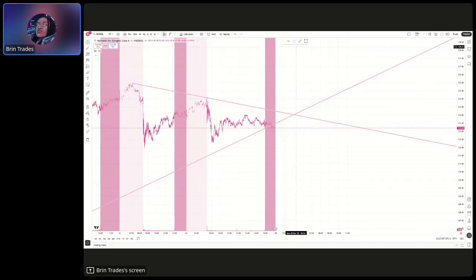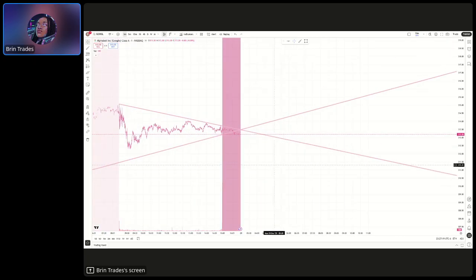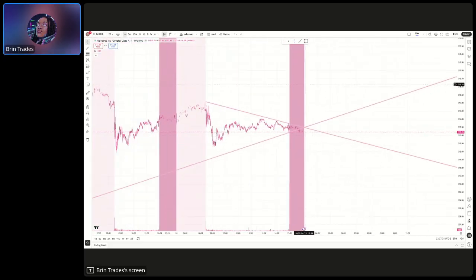Move the trend line from here as well, again. Yeah, because if price can literally break and retest, then that's a good sign, technically. So this could be it for Google, all the way down to the 1 minute.